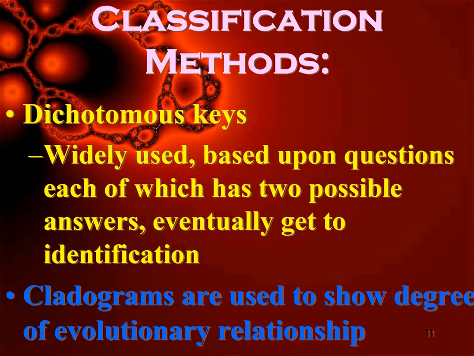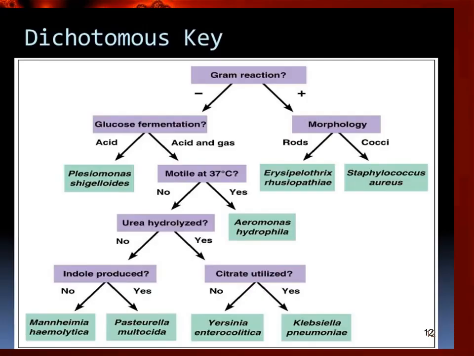Or secondly, the cladogram, used to show the degree of evolutionary relationship. This is a dichotomous key that begins with one question and has 2 answers. One question leads to 2 answers.